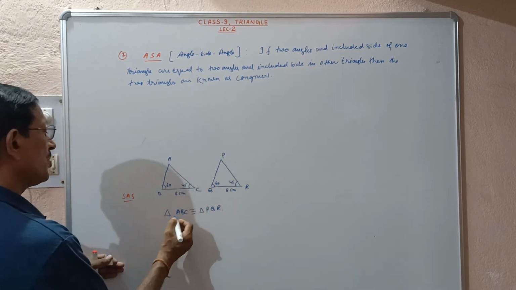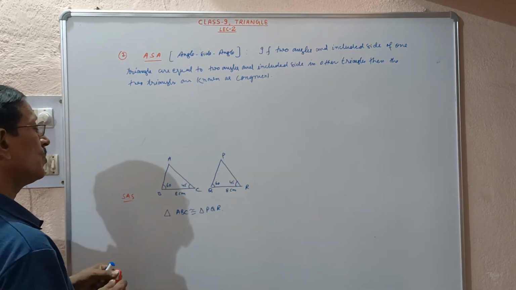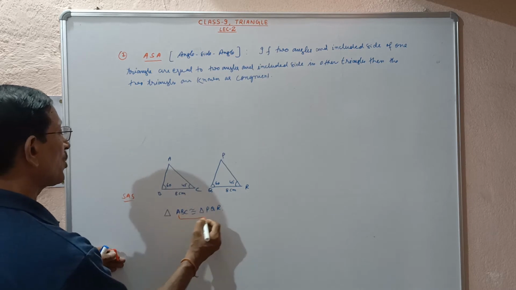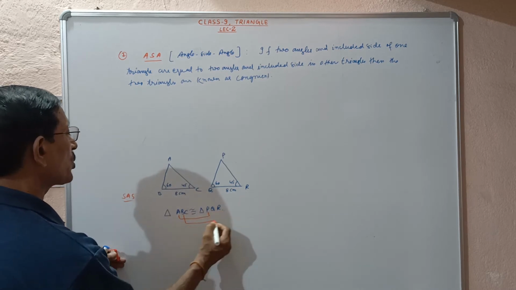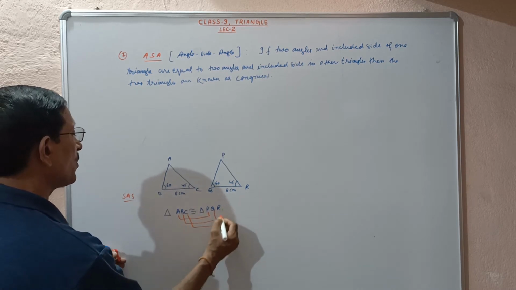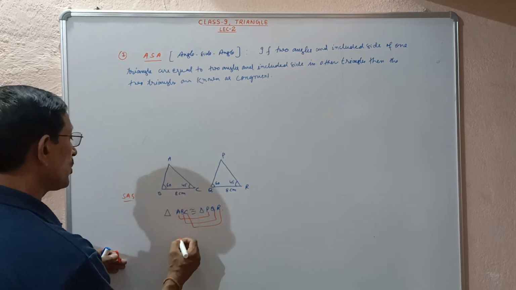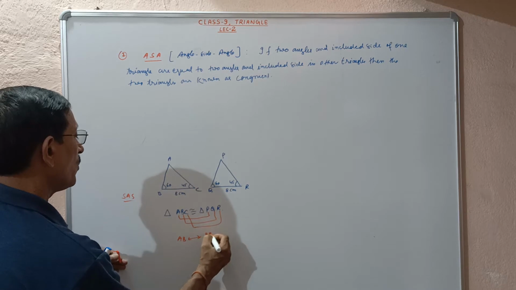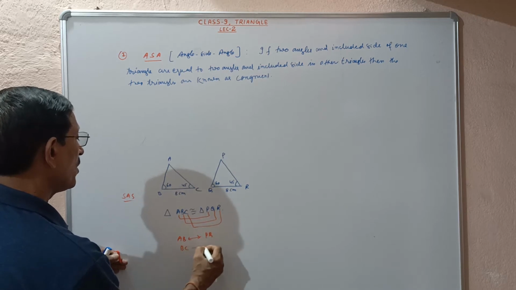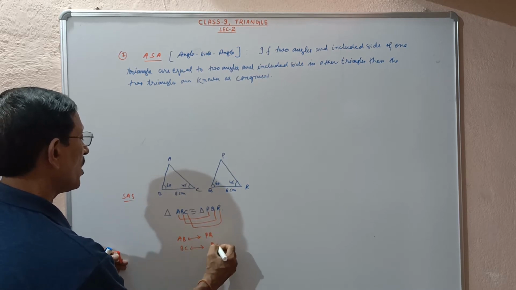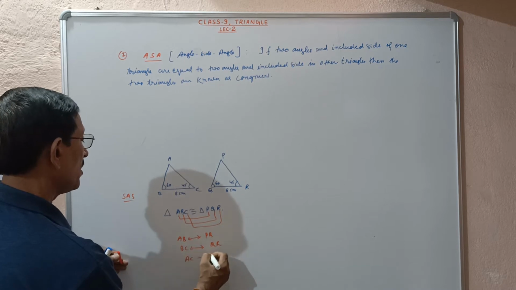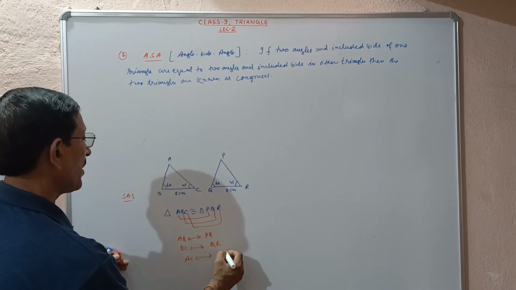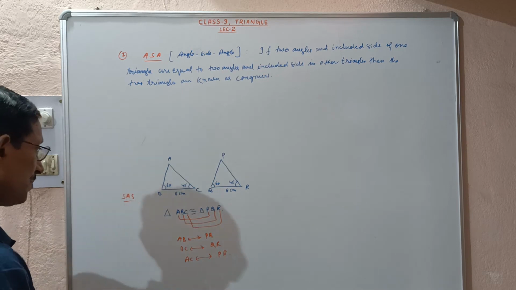Because A corresponds to P, B corresponds to Q, C corresponds to R, and also AB corresponds to PQ, BC corresponds to QR, and AC corresponds to PR.